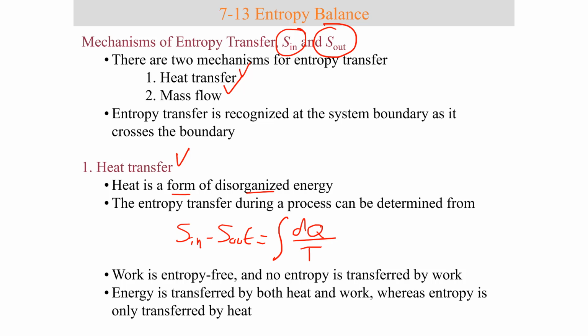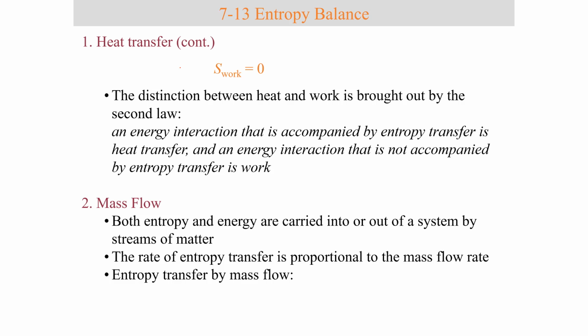So work is entropy free, and no entropy is transferred by work. Energy is transferred by both heat and work, whereas entropy is transferred only by heat. So you have to remember that the entropy transferred by work is 0. And the distinction between heat and work is brought out by the second law. An energy interaction that is accompanied by entropy transfer is heat transfer, and an energy interaction that is not accompanied by entropy transfer is work.